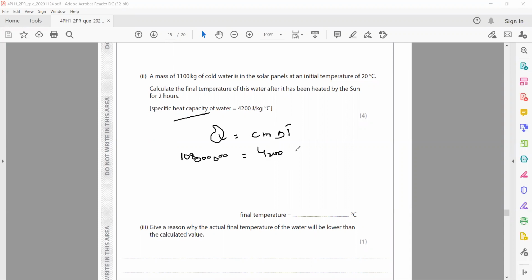Specific heat is 4200, the mass 1100, and the temperature change, because the final will be higher, is T2 minus 20. When you solve this, the final temperature will come out as 42.